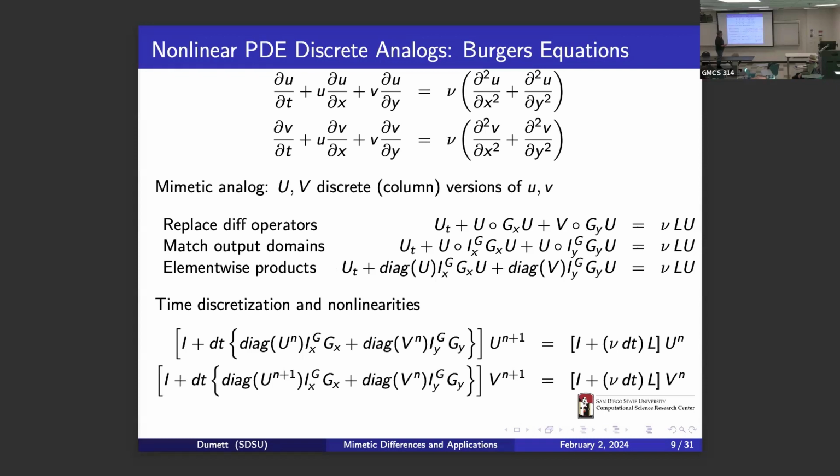This product is first component times first component. The second component of this product is second component of this times second component of that. Right. And third component times third component. So if I write this as a diagonal, having U1, U2, U3 along the diagonal, I will know that. So you're just trying to write this in the form of a matrix. Yes, to be in the territory of just matrices and vectors.